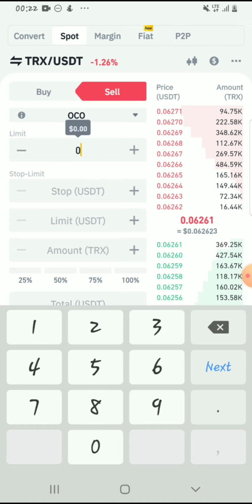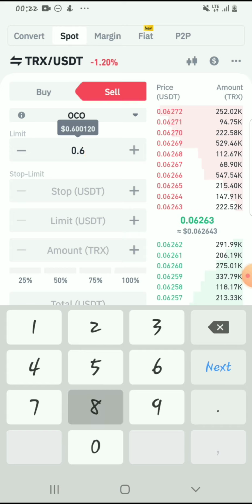I bought it at this particular price, 0.06261, but I intend to sell it at $0.068. So this is what I intend to sell it at.